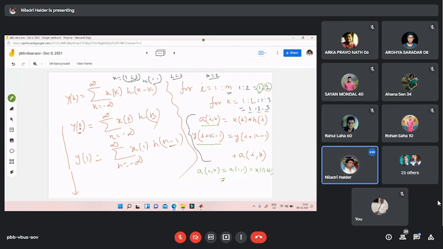So a 1 2, x2 into h1. When k equal to 3, x3 h1.